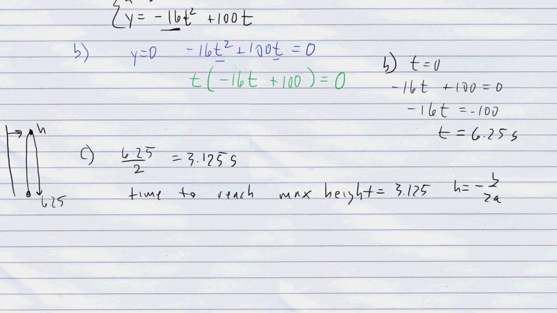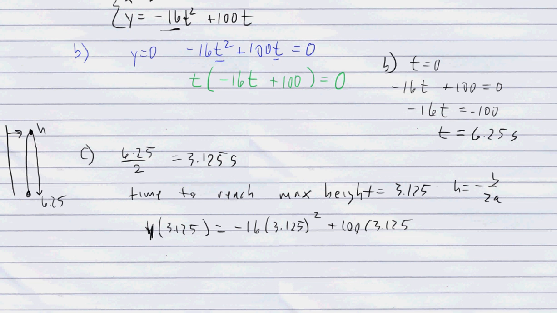So I'm going to put the h of, we're calculating y of 3.125 is equal to negative 16 times 3.125 squared plus 100 times 3.125.